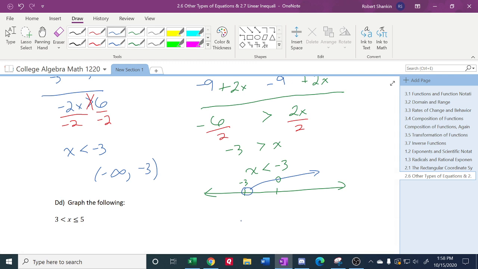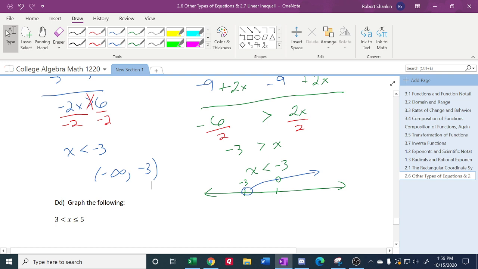Mr. Shankin, yes, this is Beverly. Didn't you, I think you flip-flopped the answer on the last problem. You said that x was greater than negative 3 even though it's written out as negative 3 is greater than x. Correct.